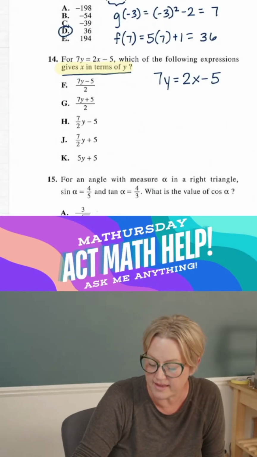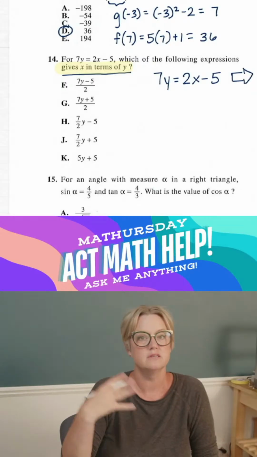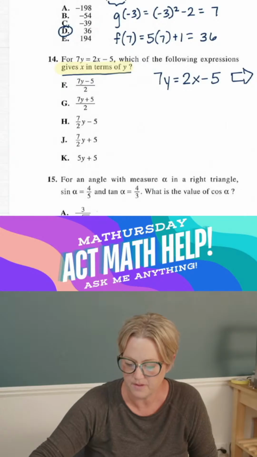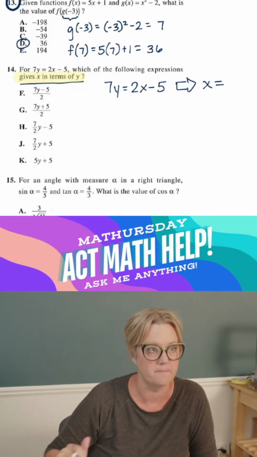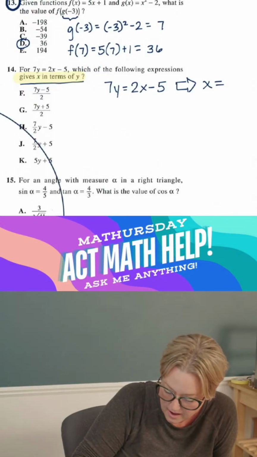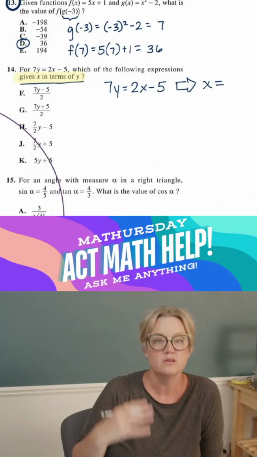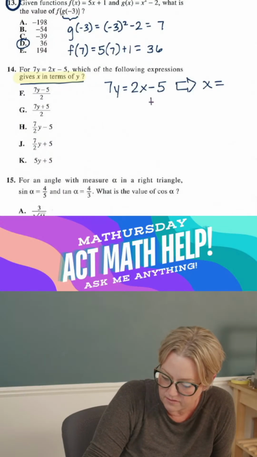So we want this to become X equals something. Oh, sorry, I went over a little bit too far. The way I'm going to figure that out is I'm going to solve for X. So I'm going to add 5, so I've got 7y plus 5 equals 2x.